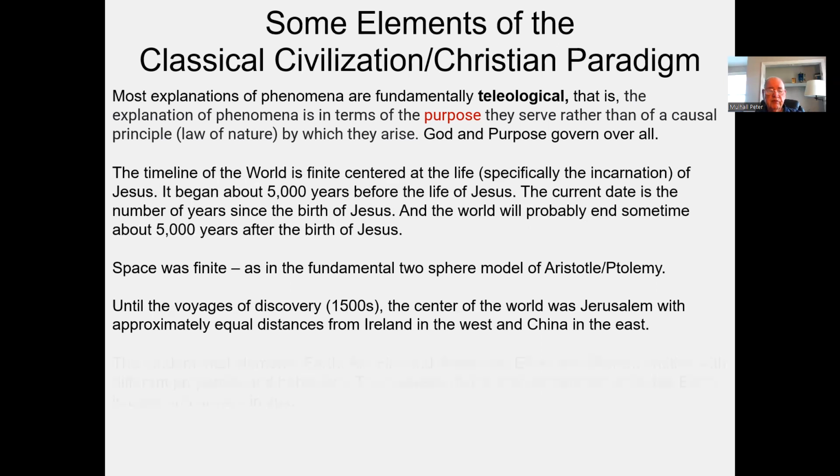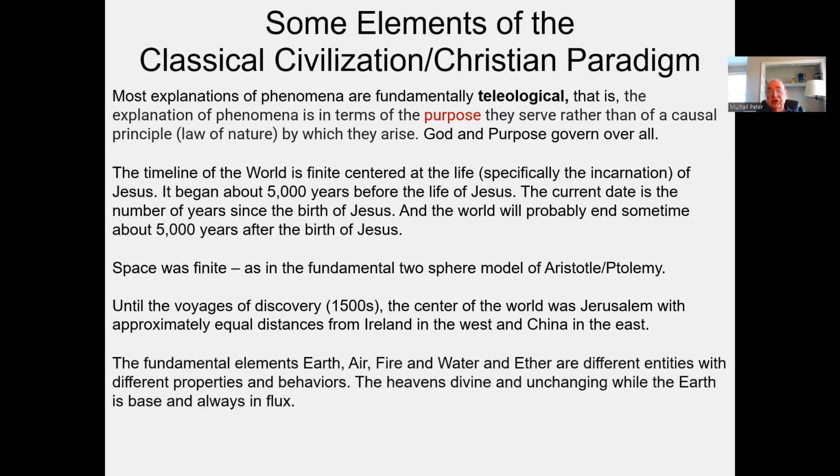That was the globe. The elements earth, air, fire, and water are different entities, each having different properties. They create a kind of chemistry, because we are all complex combinations of those four.